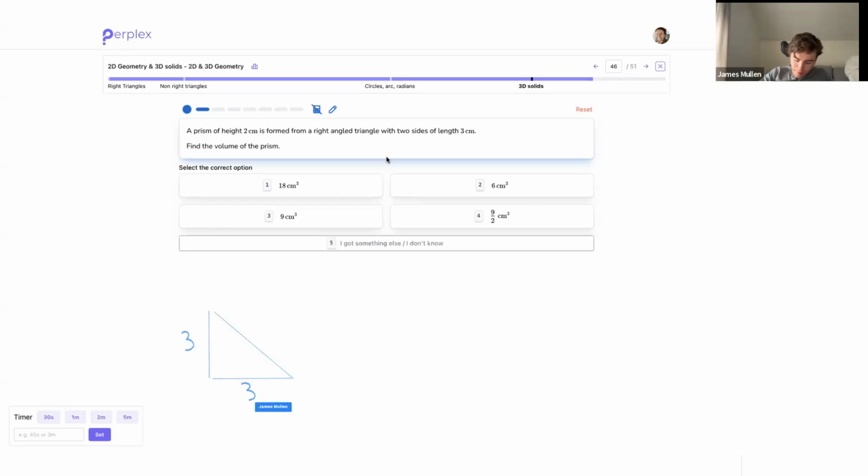And because both of them are the same, neither of them is the longest side, which means they are the base and height of the triangle, which means that the area is half of 3 squared, which is 9 over 2. And the height of my prism is 2, so volume is equal to A times H, which is 2 times 9 over 2, which is just 9. All right, just 9.